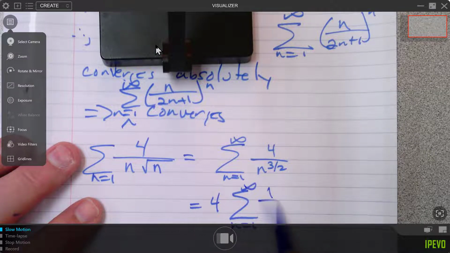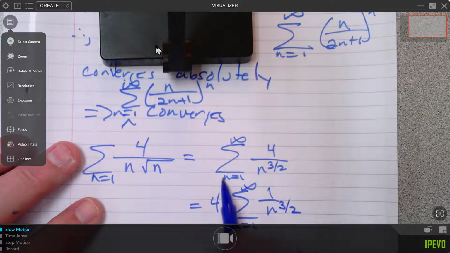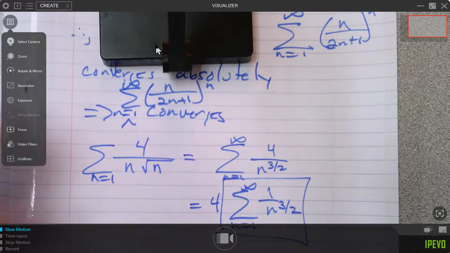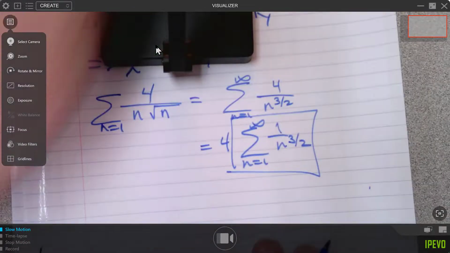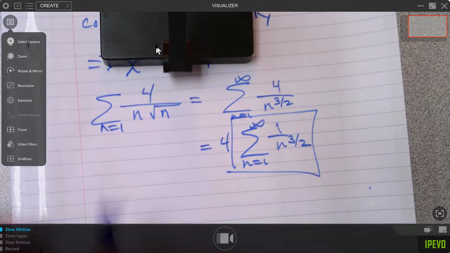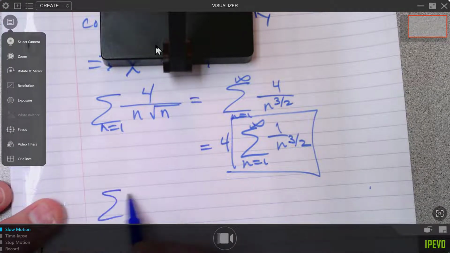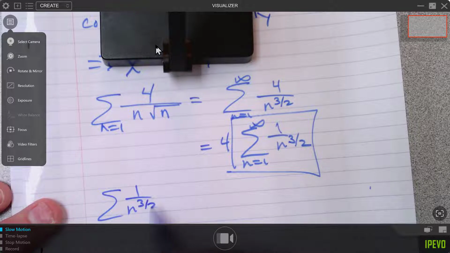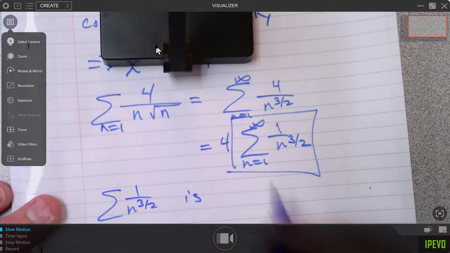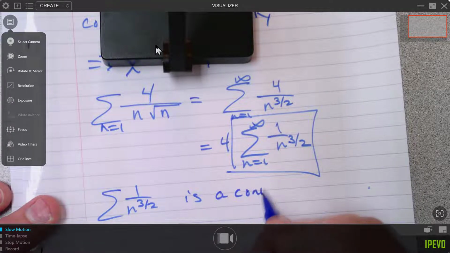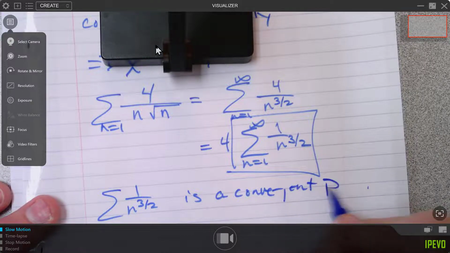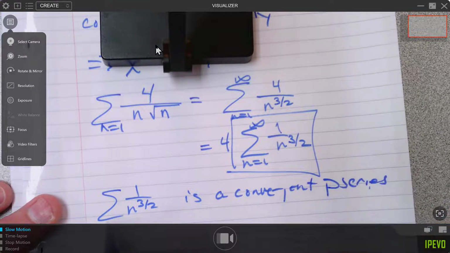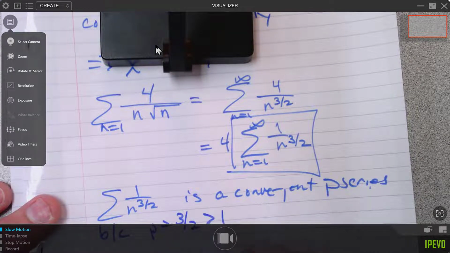And there's just a little bit more work. Now I have a p-series. I look at its power. It's 3 halves, so it's convergent. So it's a convergent p-series because p is 3 halves, which exceeds 1.